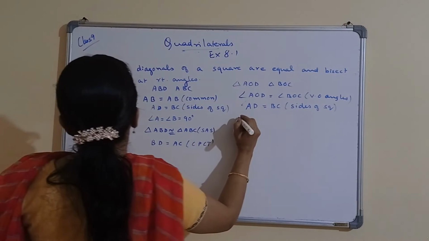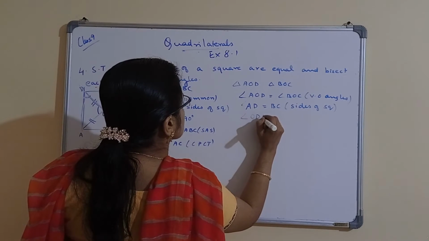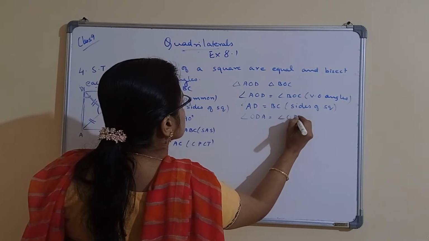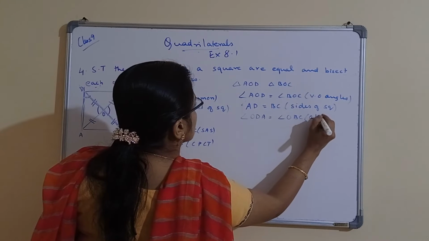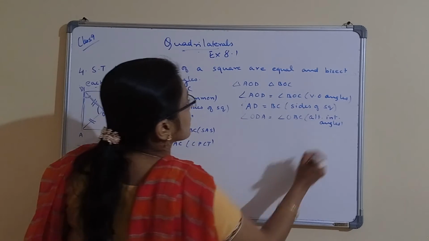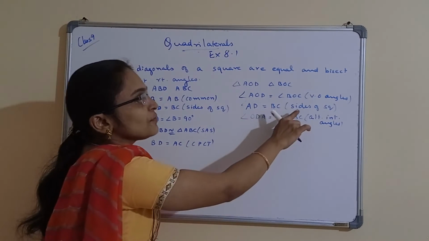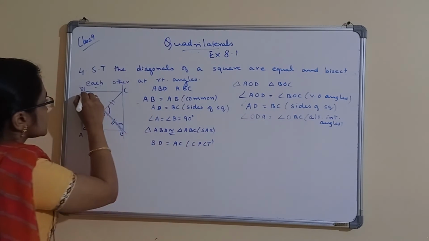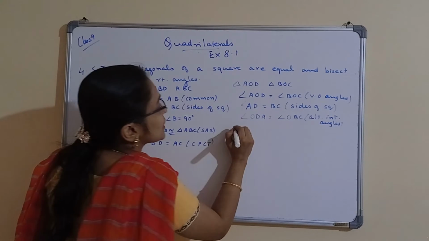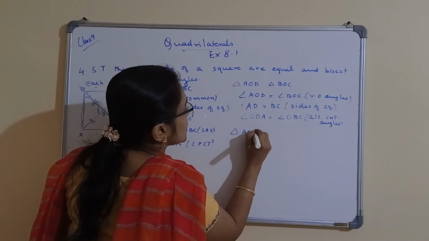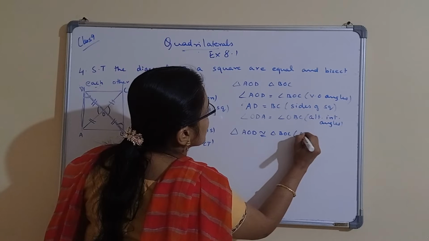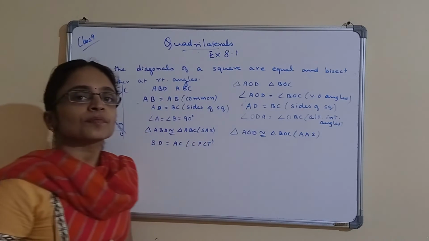So angle ODA is equal to angle OBC, alternate interior angles. So we got one side which is equal and these two angles. So we can say that triangle AOD is congruent to triangle BOC by AAS congruence rule.